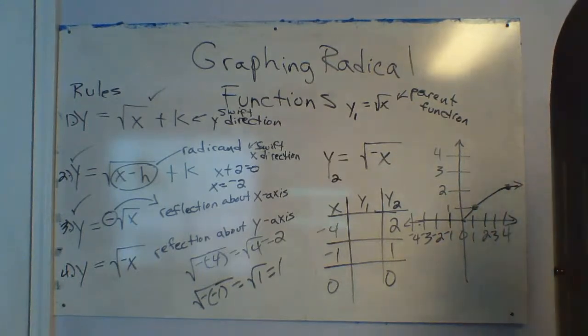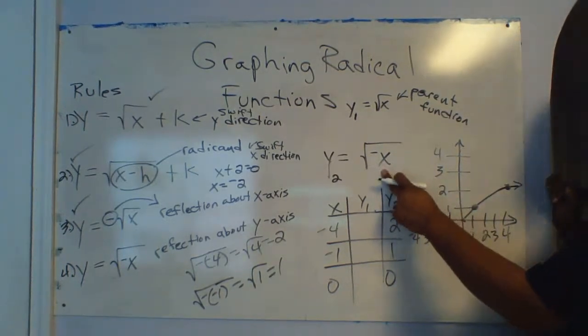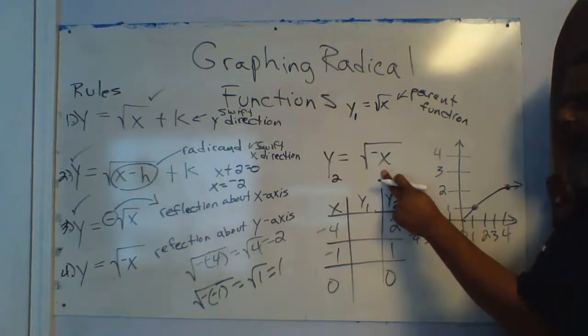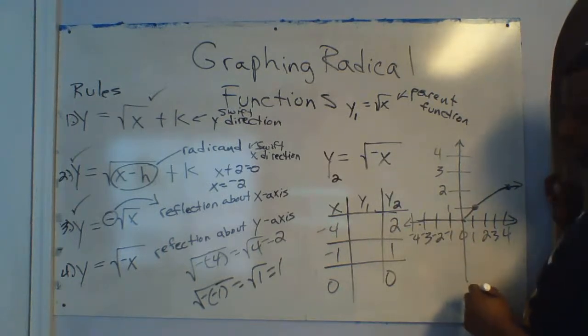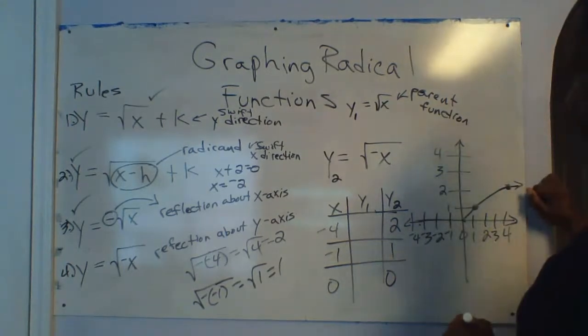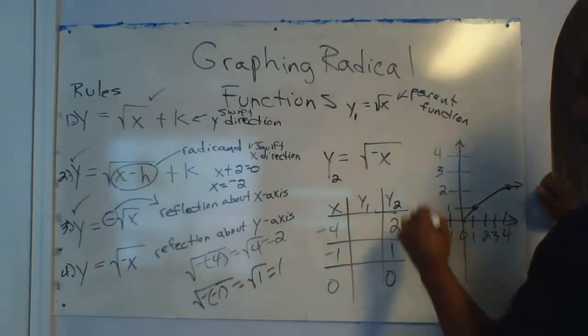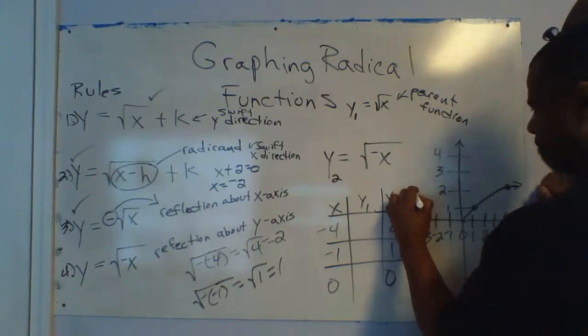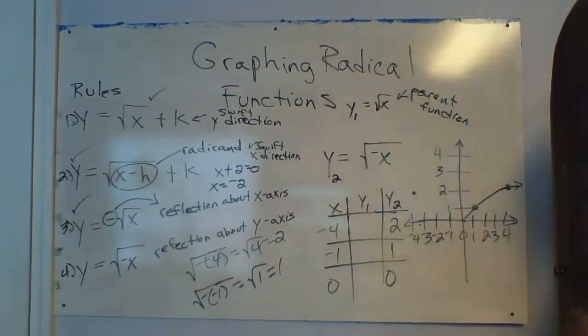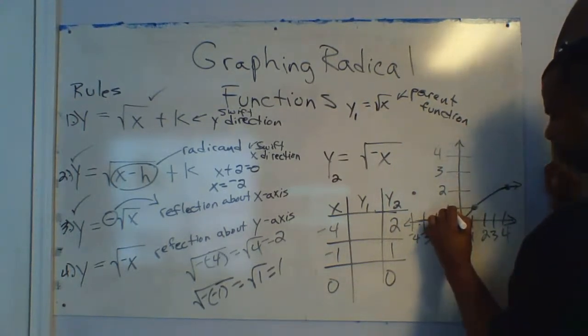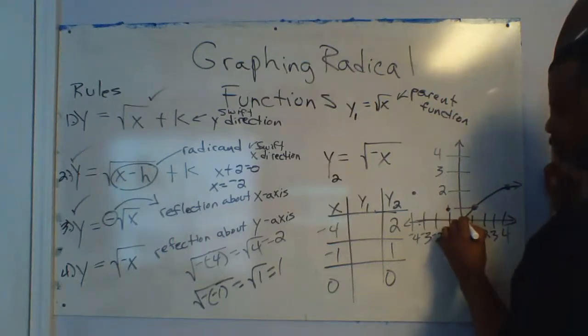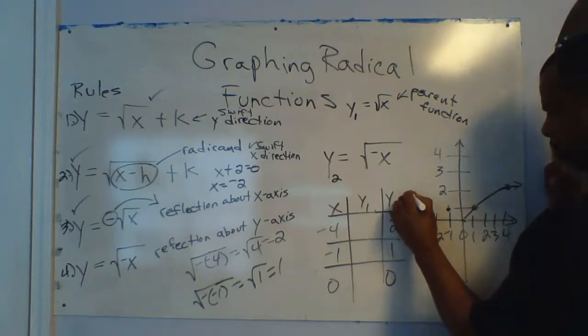All right. So now if I put a negative on the radical, that's going to give me (-4, 2), then (-1, 1), then of course this is 0.